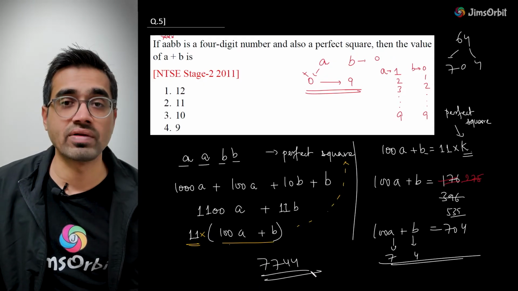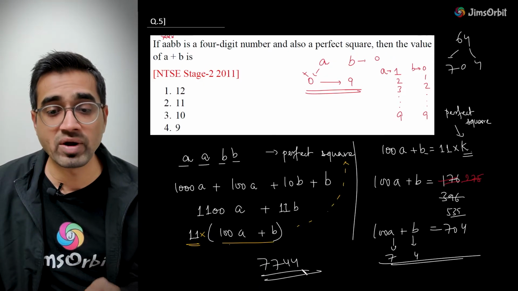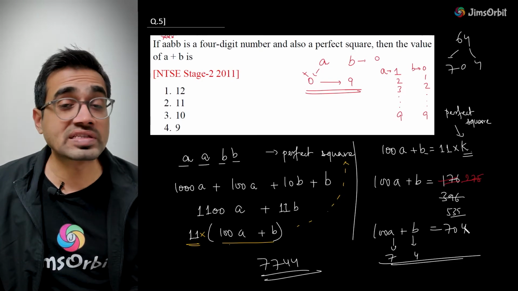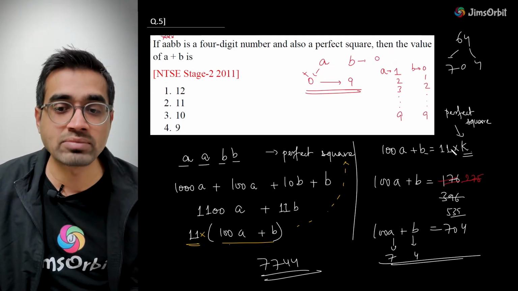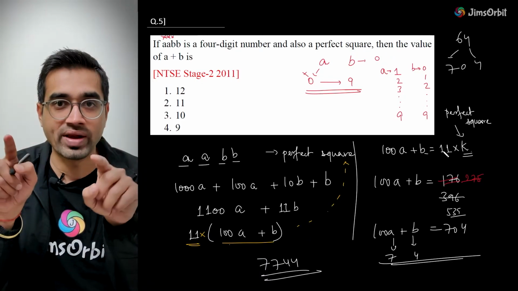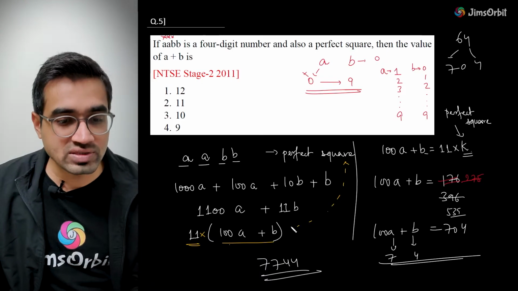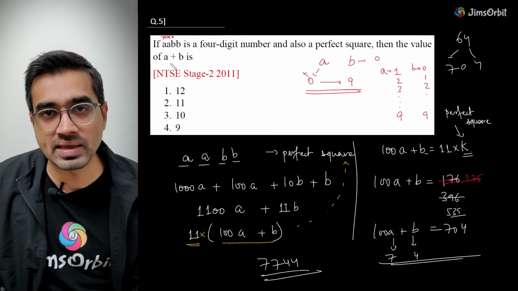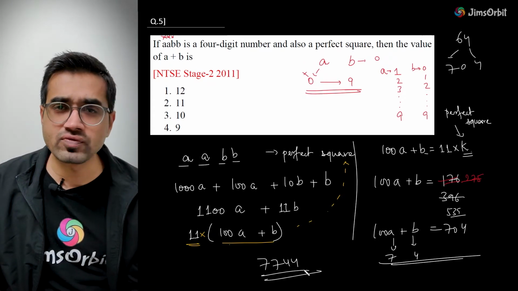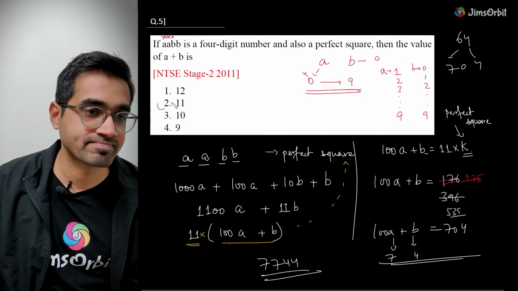The number was 7744. It's a perfect square. It's a perfect square of 88, because I put 64, so it was 8 times 11 whole square. So it was 88 whole square. Okay, so this means that I need to just add the digits A and B. So you can say 7 plus 4, which is 11.